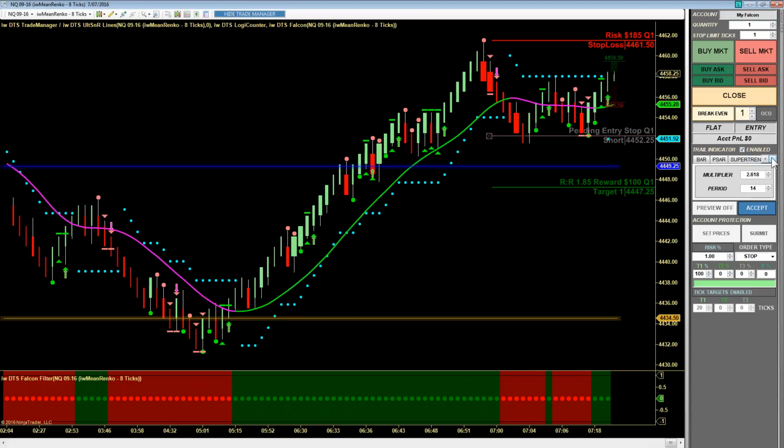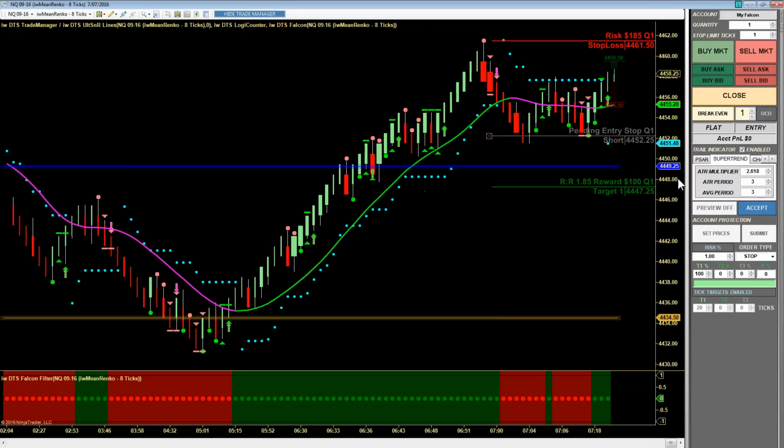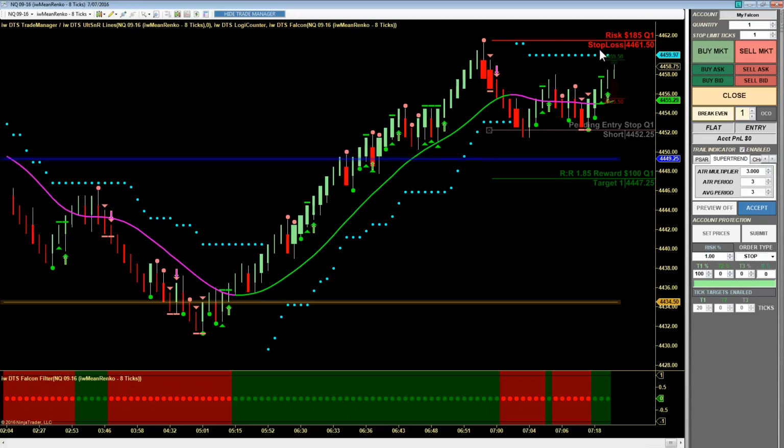A close cousin to the ATR is the super trend. And you'll see an easy way to change your super trend to make it a little bit more liberal, give you a little bit more elbow room, is to just change the multiplier. Let's see what happens if we change the ATR period.